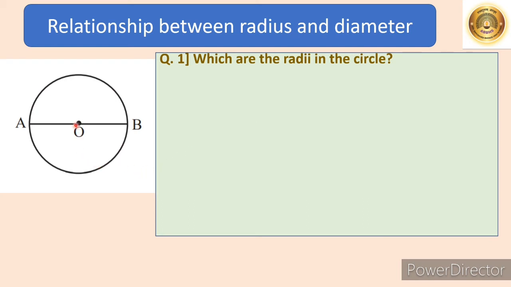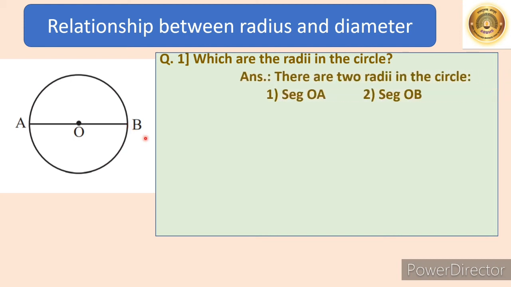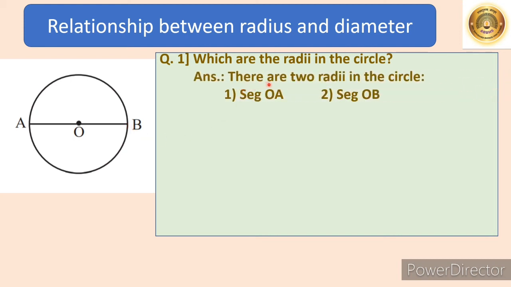See students, OA and OB. There are two radii in the circle, seg OA and seg OB.